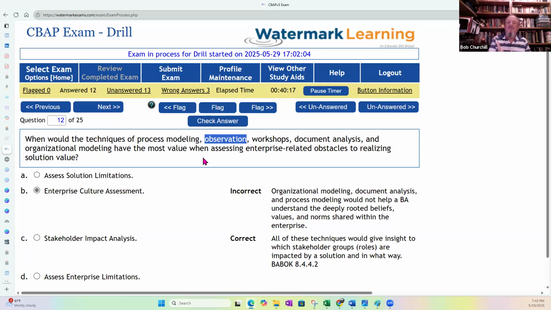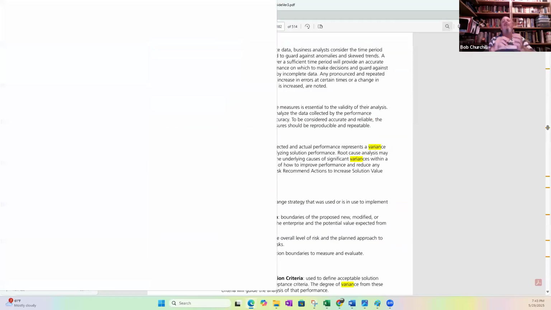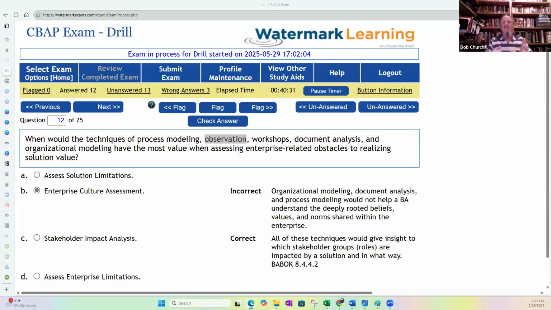And observation is data collection, it's discovery. And remember, discovery is the nouns and verbs, what's there, what's it doing. Data collection is how it's running, how it's operating, how it's behaving. Those are the adjectives and adverbs.